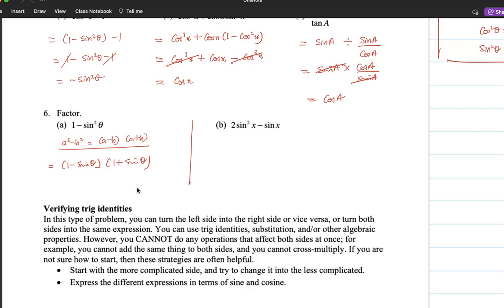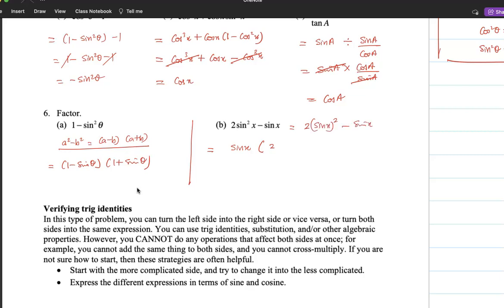Next, factorize. Can you remove a common factor? You can remove sine x. Remember, sine x is one term, sine is not multiplied by x, you can't do that. So what will be left from the first term? The sine square x is basically sine x the whole square.